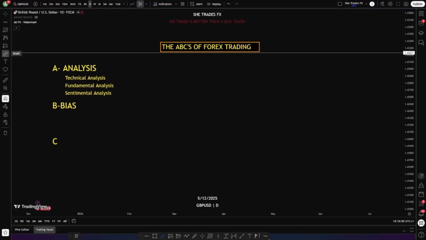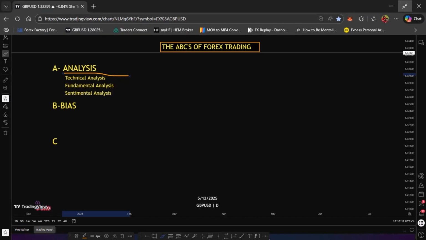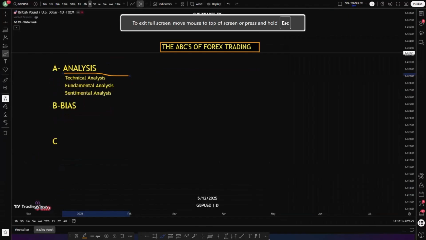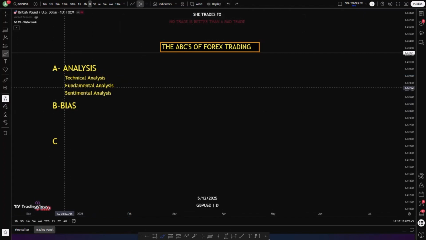Now, in order to trade well, you need to have a bias. And you can only get your bias after doing your analysis. Okay? I don't know why my keyboard is just. Anyway, you can only get your bias once you have done your analysis.